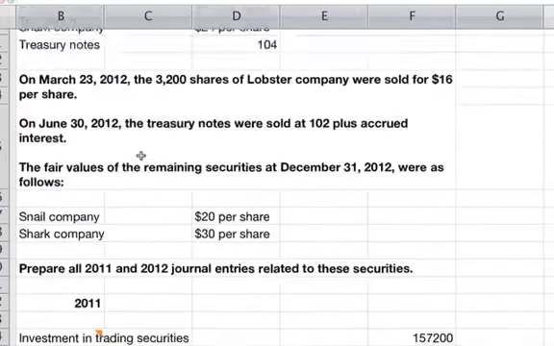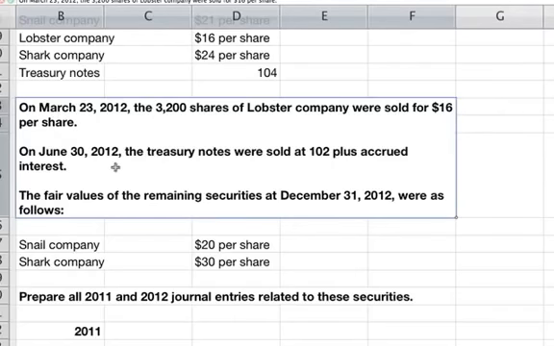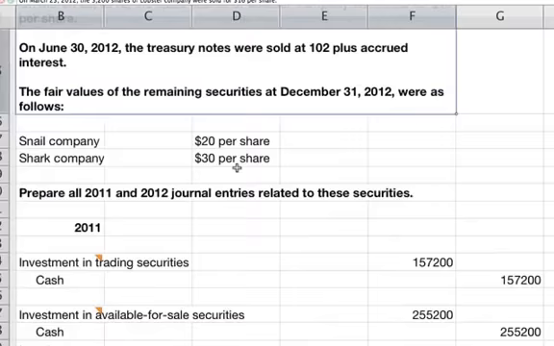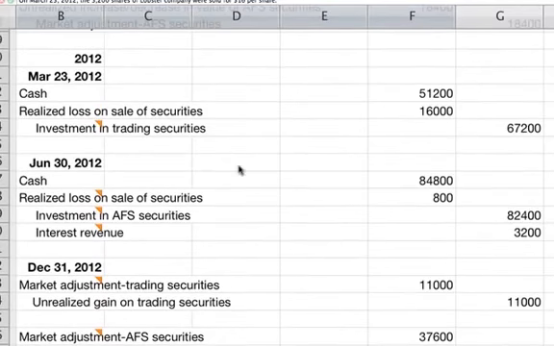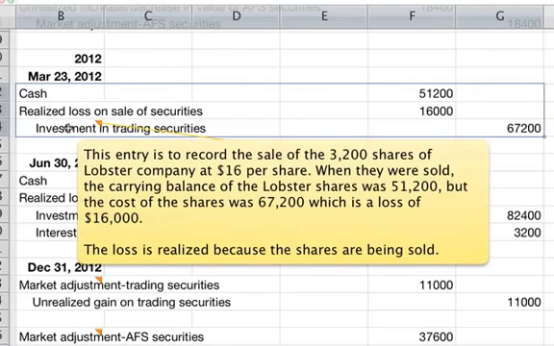Now in 2012, we had these transactions happen. We sold all of our shares of Lobster Company for $16 a share, and we sold the Treasury notes at 102 plus the accrued interest. And so that's what this entry is right here. This is for selling the Lobster shares.